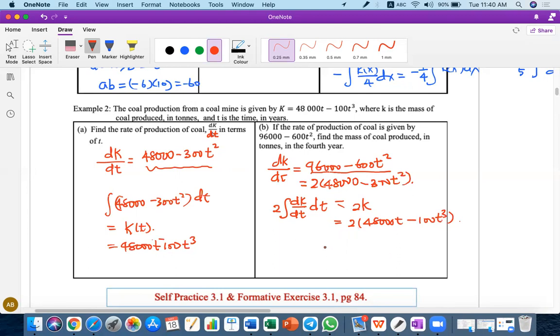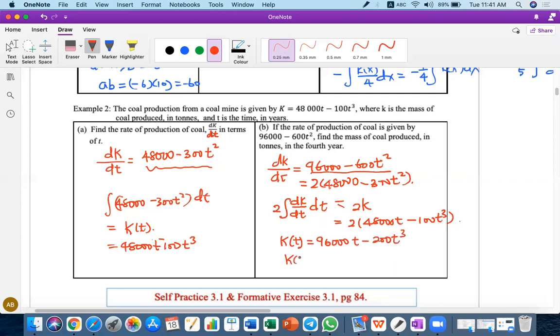So this is 2K. In the fourth year, K means K(t), the function K in terms of t. So we have 96,000 t minus 200 t cubed.